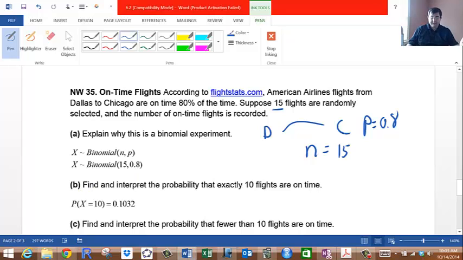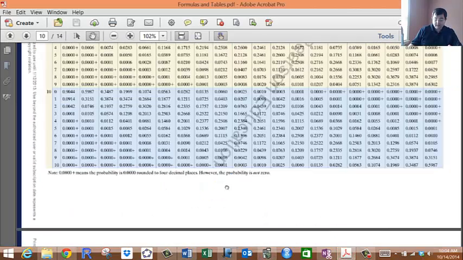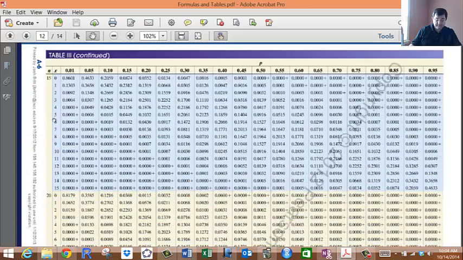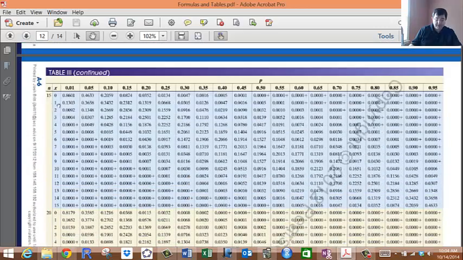So find and interpret the probability exactly 10 flights are on time. So what's the probability that number of on-time flights x is equal to 10? All right, and so we're just going to look this up here from our table. So we're going to go down to n equals 15. Number of trials is 15.